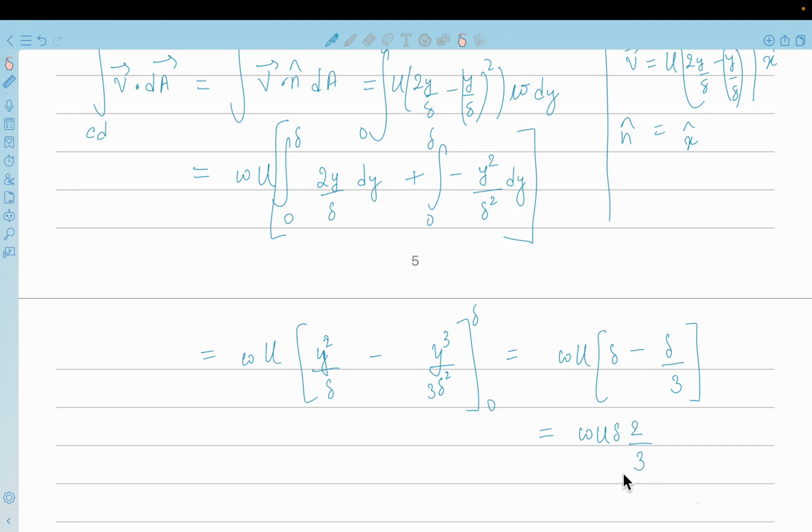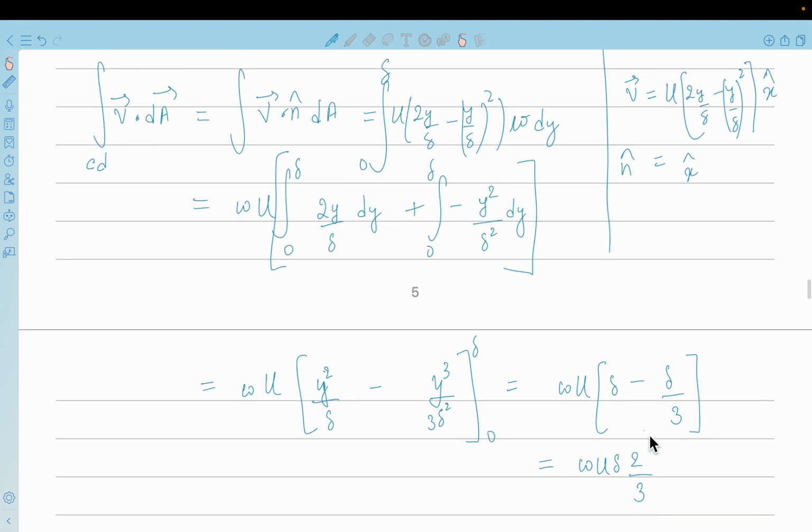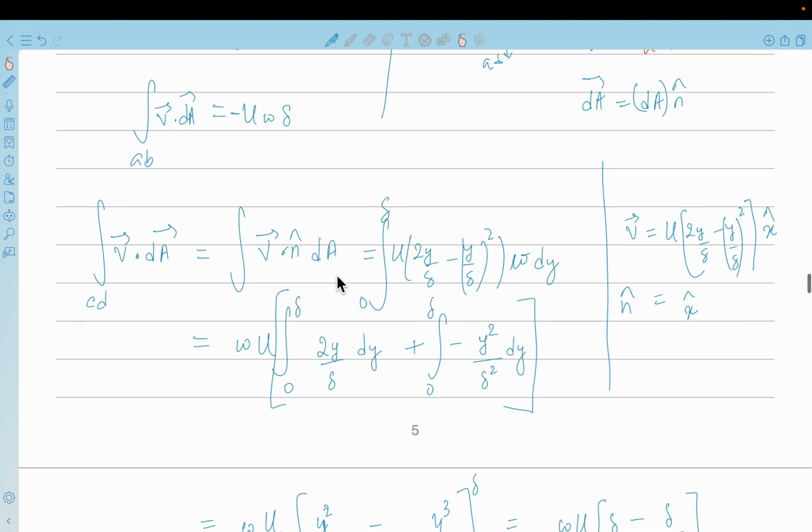You get 2 by 3, not 1 by 6. Okay, so this is the value we get from control surface CD.